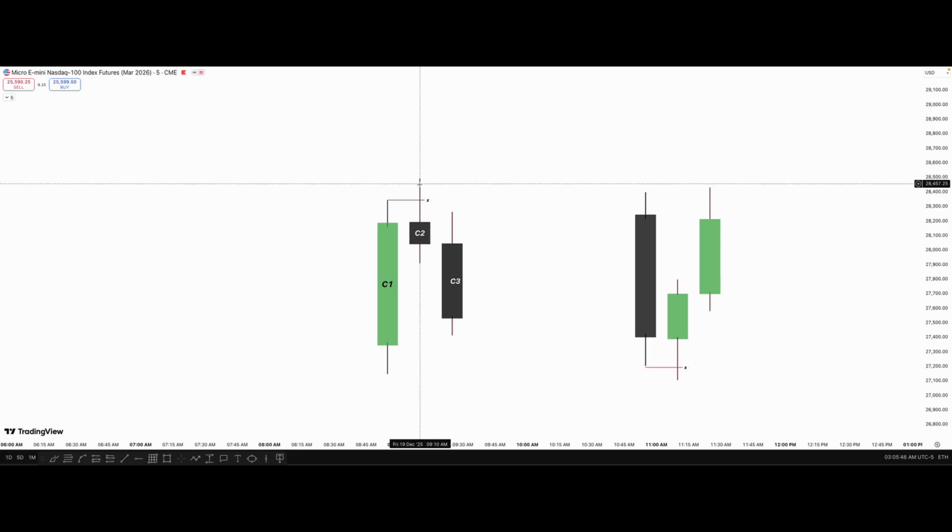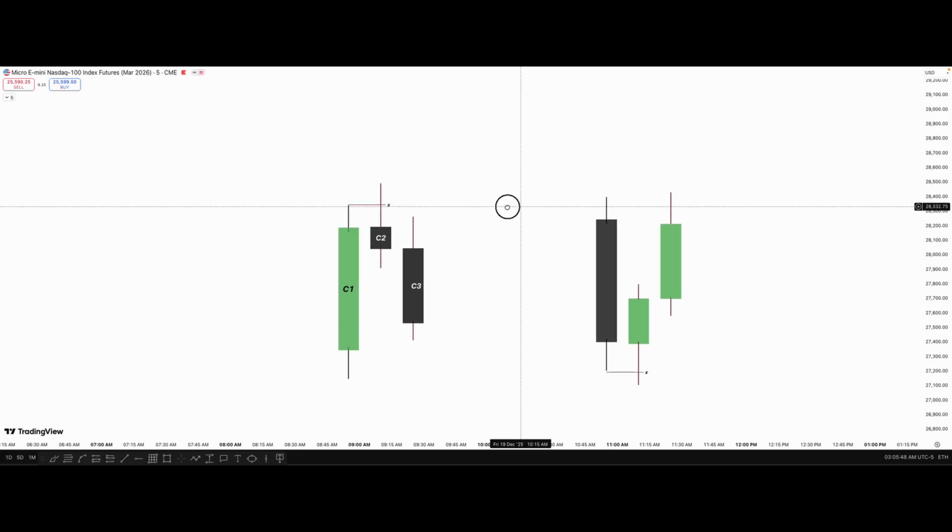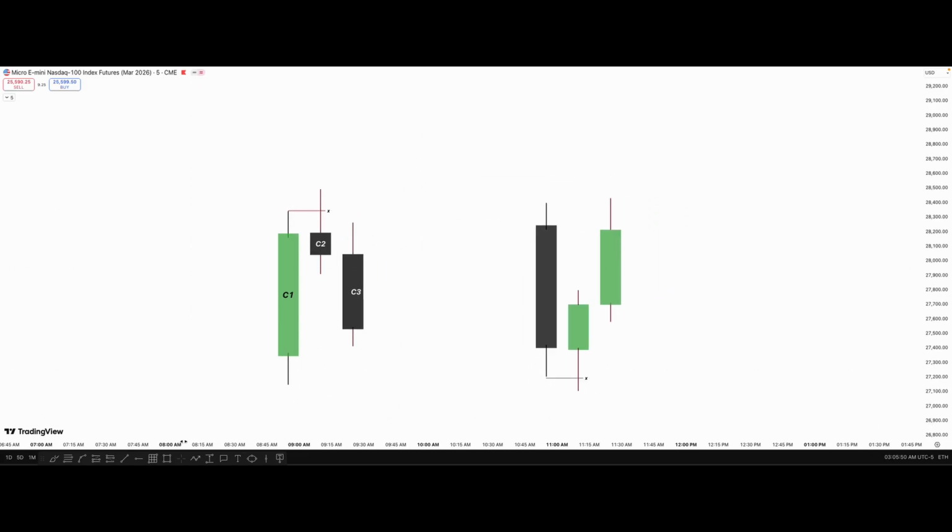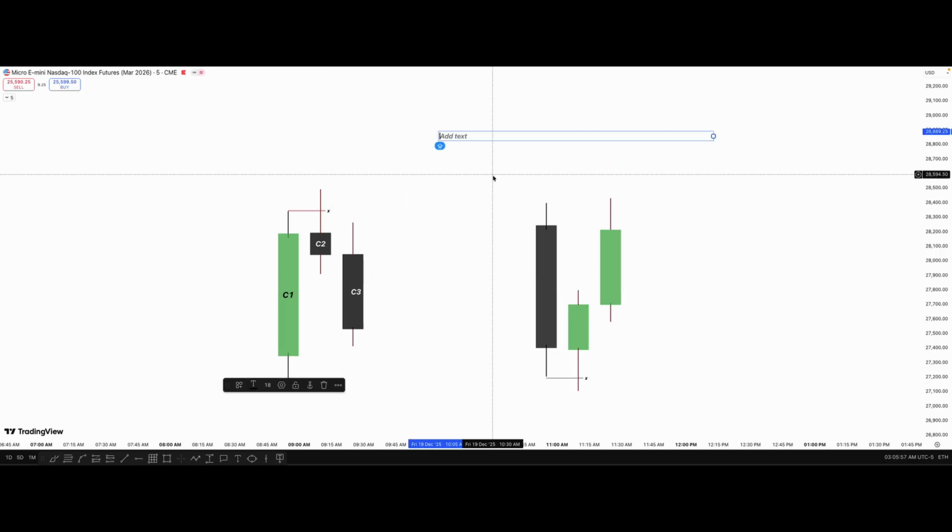So let's understand a candle 2 reversal, right? Candle 2 reversal मैंने पहले भी explain किया है शायद, but this is what it is, right? This is the candle 2 reversal, right?